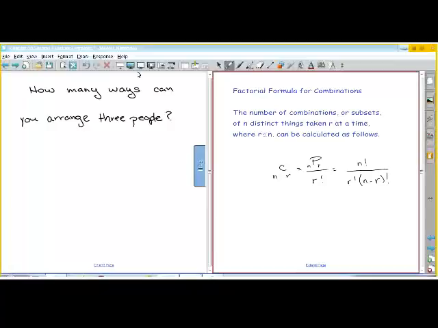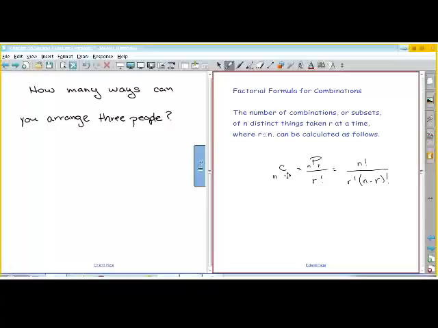And the formula is this: the number of combinations or subsets of, so instead of using arrangements, we're using subsets. Because remember, from the previous class, the order was not important for sets. So the number of combinations or subsets of n distinct things taken r at a time, where r is less than or equal to n, can be calculated as follows. We use C to represent combinations.